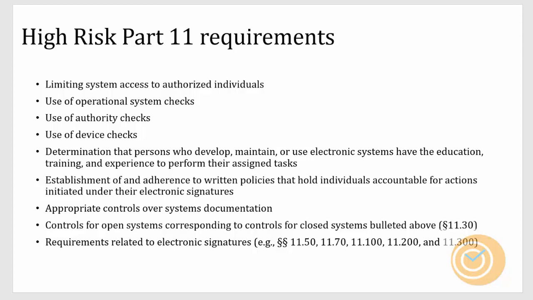Establishment and adherence to written policies to make sure that individuals are accountable for their electronic signature. So they should know that their ID and password is equivalent to manual, wet signatures. You should have appropriate controls over the system documentation. So you should have the SOPs and work instructions on how to use the systems and how to maintain the systems.